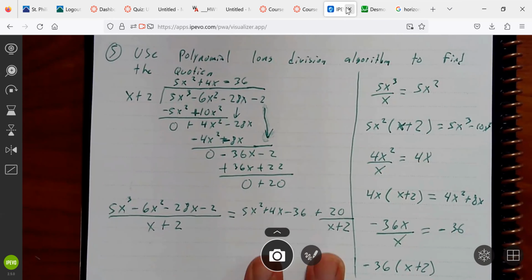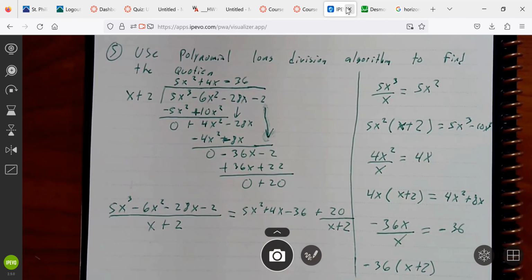So they want this part. Any questions on the long division?